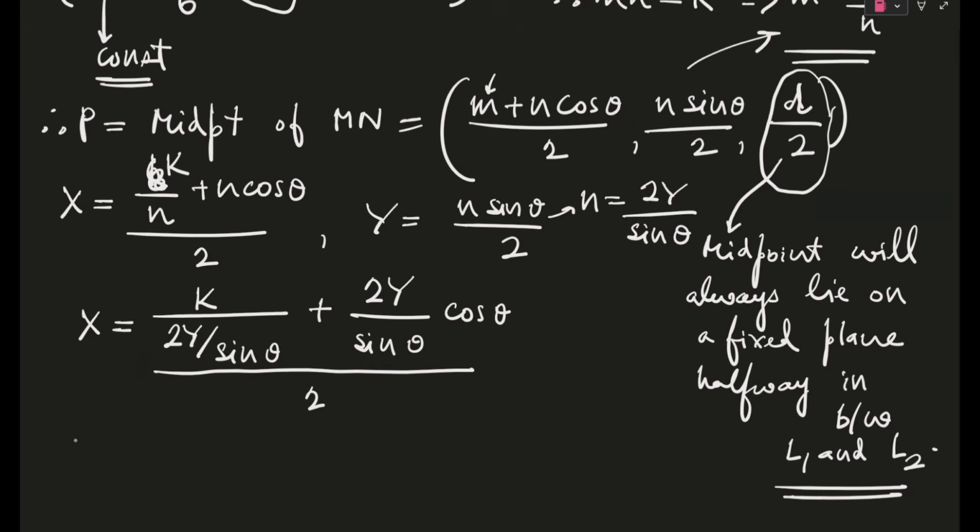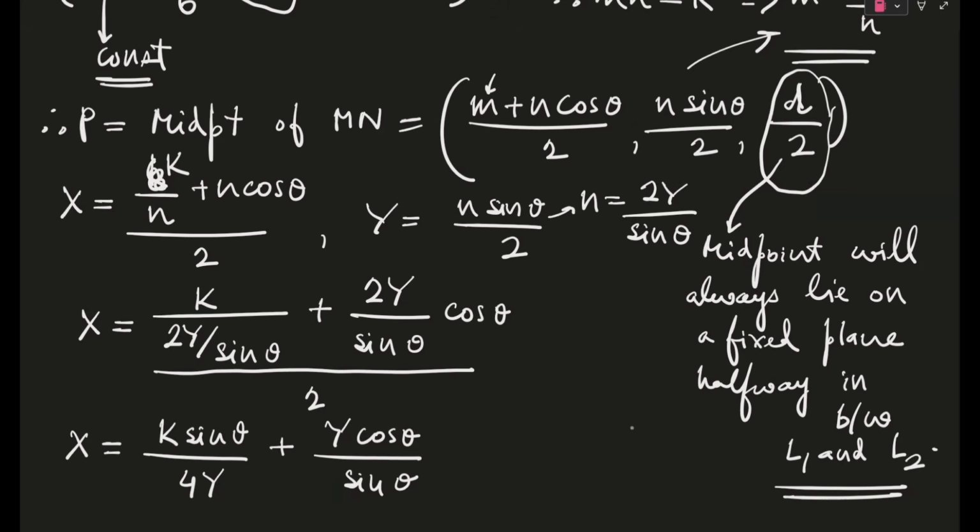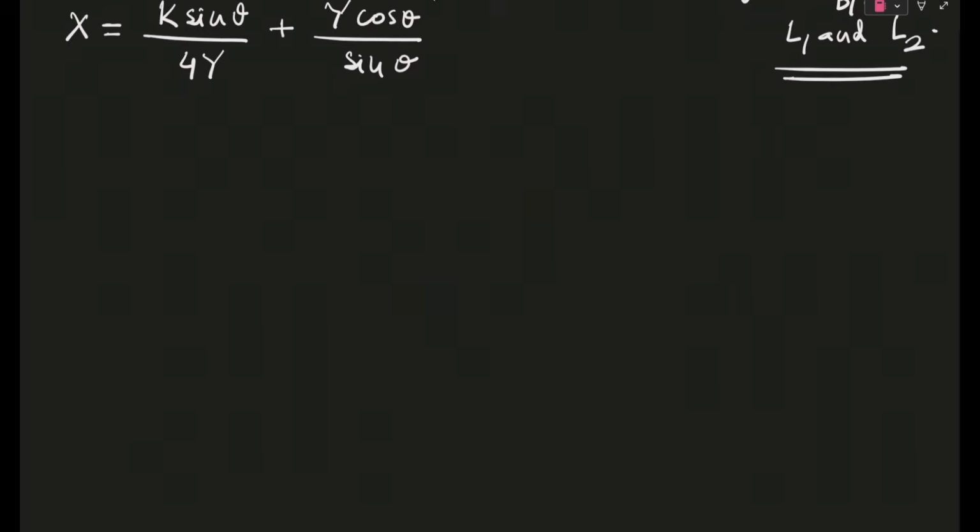If you evaluate this a little bit, capital X will come out to be equal to k sine theta by 4y, plus y cosine theta whole divided by sine theta. Okay, wait a minute, I will change the page.